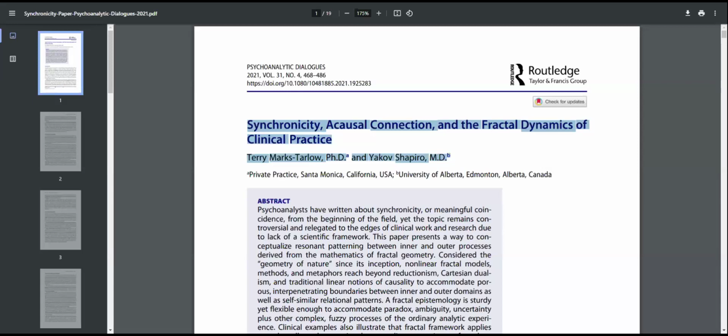By highlighting synchronicity within psychoanalysis, the authors focus on edges where inner and outer, subjective and objective processes converge.